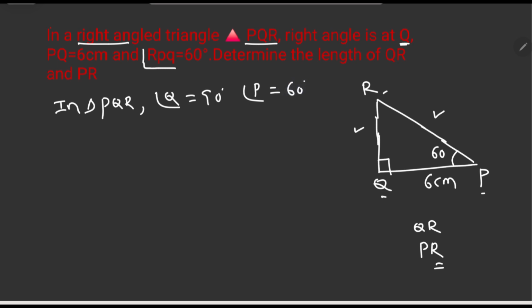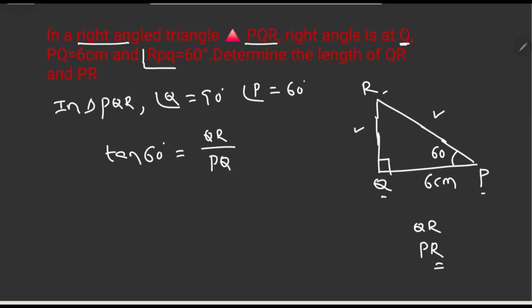Now to the theta we have to find the opposite with the combination of adjacent. So opposite with adjacent means tan theta. So tan 60 degrees is equal to opposite QR by adjacent PQ.